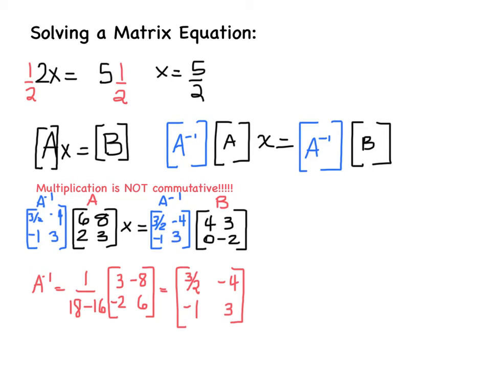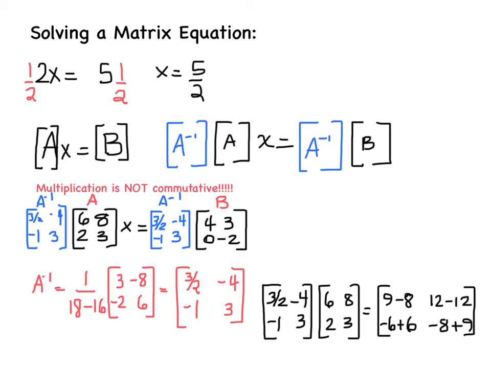If I multiply this side, what do I get? I should get the identity matrix, so I want you to pause and multiply those two. And you can see if you do the multiplication that I do get the inverse. This would be 1, 0, 0, 1.